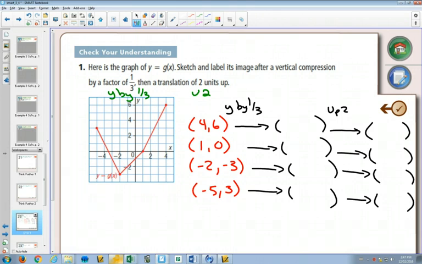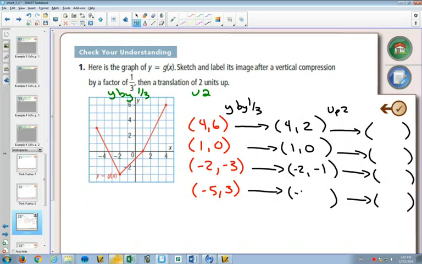The reason I would do this in 2 steps is because you're affecting y twice. Y by 1/3 affects the y coordinates, and then up 2 affects the y coordinates again. You might be able to do it all in 1 step, and that's great, but your chances of a mental math error by doing it in your head and writing 1 step increase, so this way I would suggest doing it in 2.